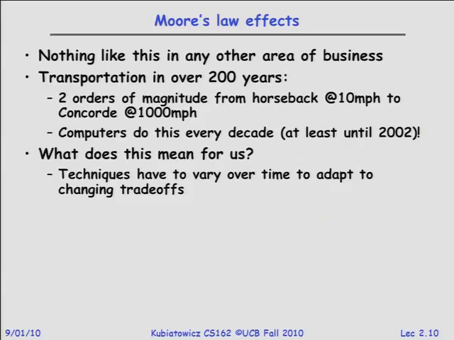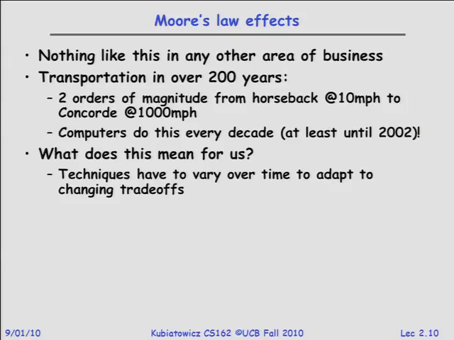So what does this mean for us? It means that techniques have to vary over time. So we're going to study history, we're going to learn from history, but what's kind of interesting is that the way that operating systems were defined and designed actually changed over time because the technology was changing so much.